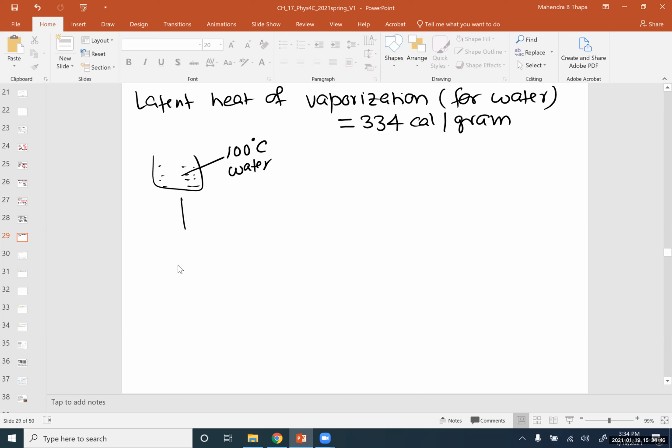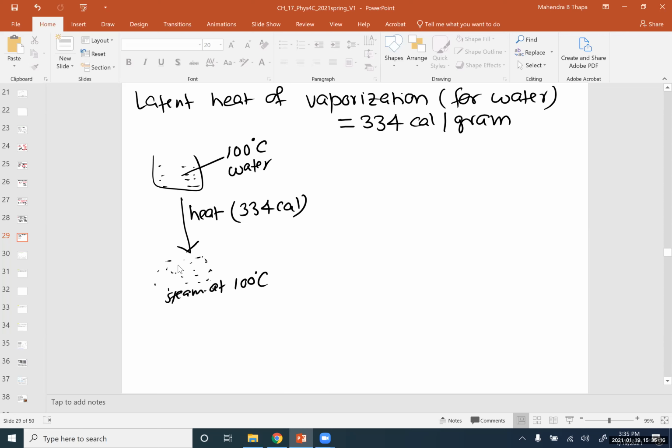If we continue to supply heat, then it is converted to steam at the same temperature, 100 degrees Celsius. The amount of heat required is 334 calorie.